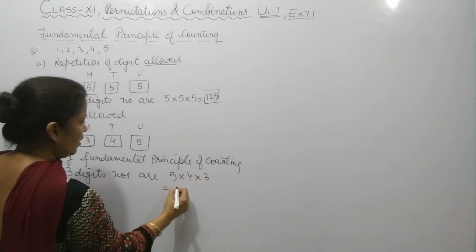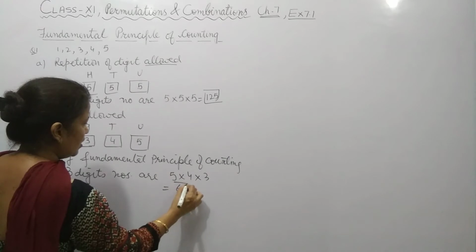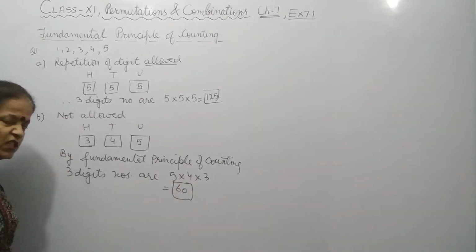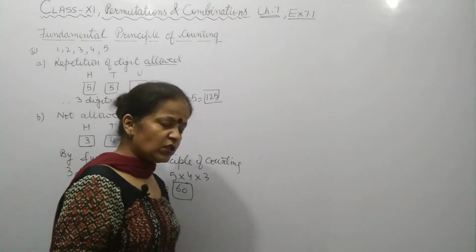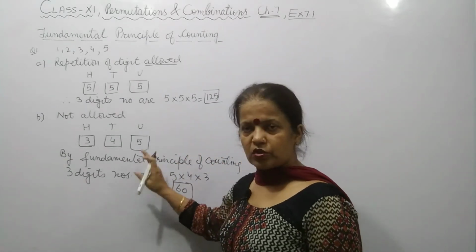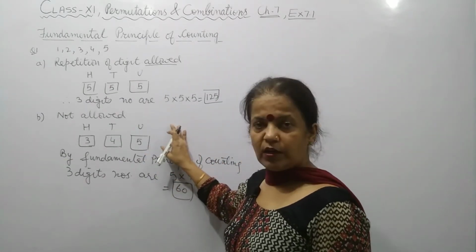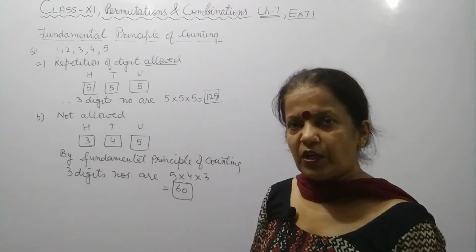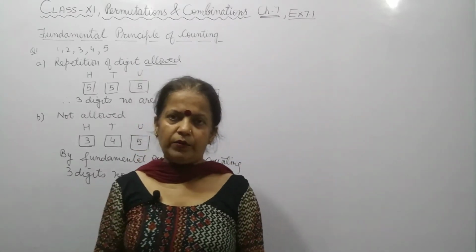So it will be 60. So there will be 60 ways in which these 5 numbers can be used to make the 3-digit number if the repetition is not allowed.